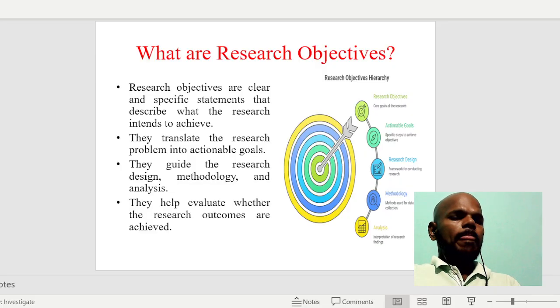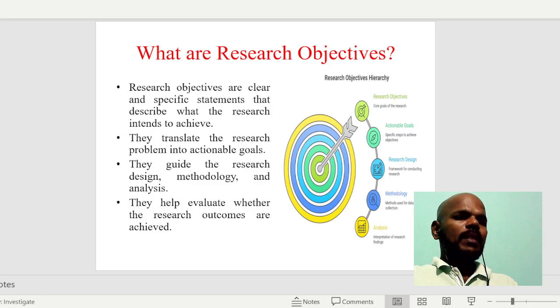First point: a research objective is a clear and precise statement. It is a very clear and precise statement that describes what the research wants to do and what the research should achieve. That is the main research objective.